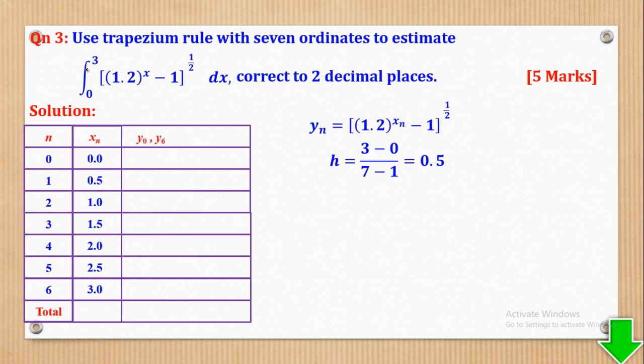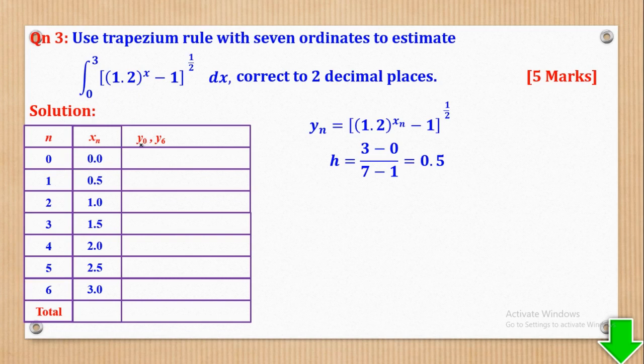Now next is to get the values of y. These values of y are split into two. One column will have the first value and the last value. That's why you see here y0 and y6, because y0 gives you the first value and y6 gives the last value. So how do they get this value?